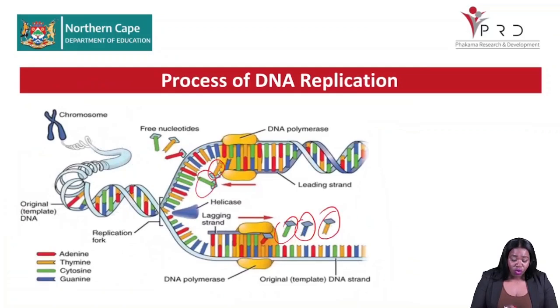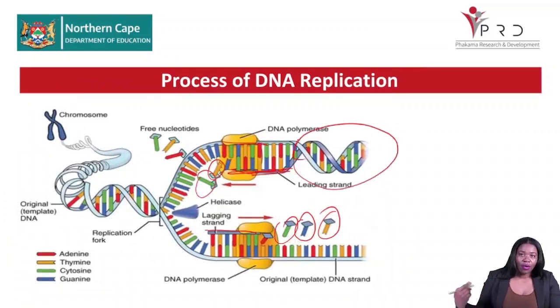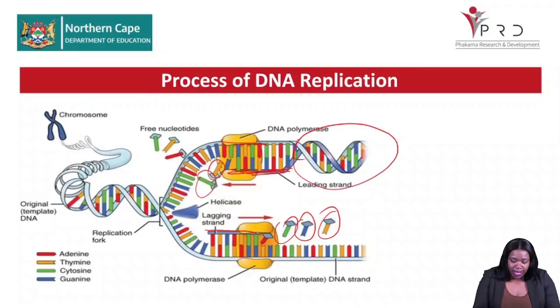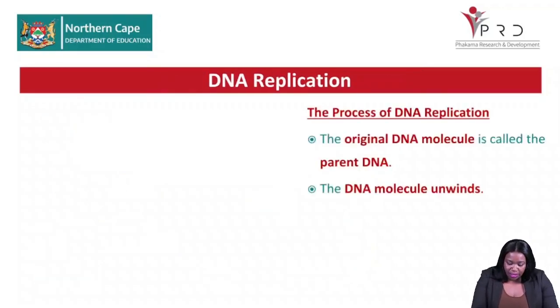As it paired with the complementary bases, the sugar and the phosphate formed the sugar-phosphate bonds, and that then formed the backbone. And then that is when we can see that we are starting to have the new DNA, and that DNA will wind again to form a double helix structure. Right. Okay.